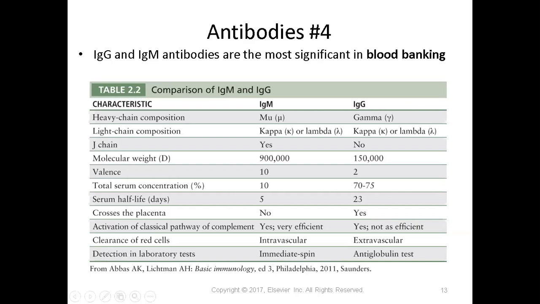That's what we call immediate spin, and this all happens at room temperature. So IgM, you want to think room temperature. IgG reacts best at 37 degrees, which requires an antiglobulin test, which is a test we'll talk more about later. And 37 degrees C is the same as human body temperature. So room temp versus human body temp.